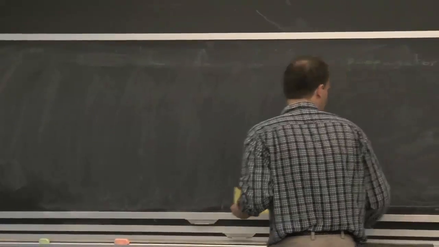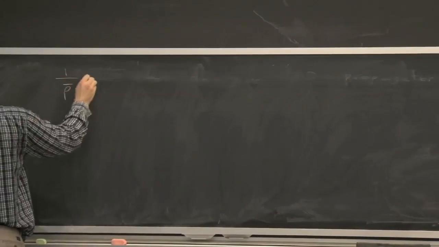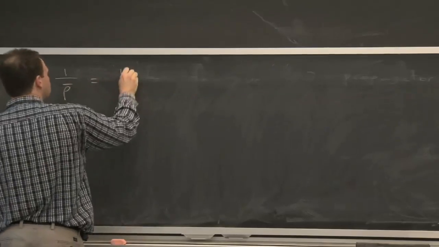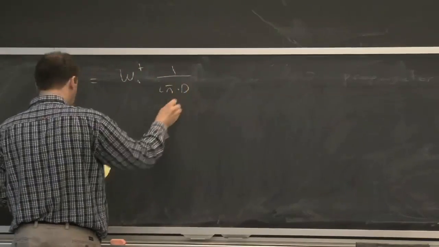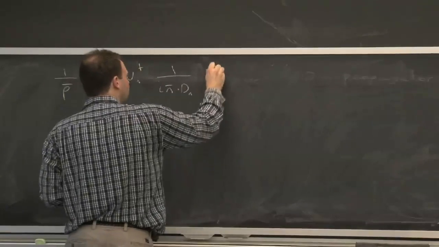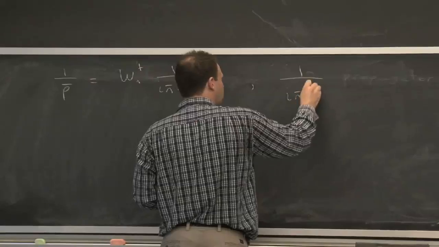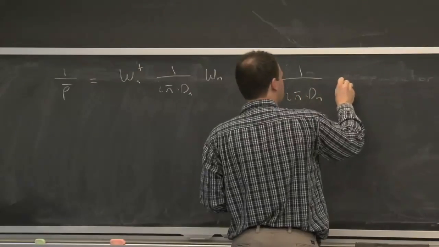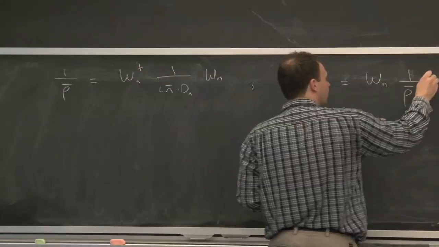It's also easy to convince yourself of the following. 1 over p bar is W_n dagger 1 over i n bar dot D W_n, and 1 over i n bar dot D. I'll check that I got the daggers in the right place.